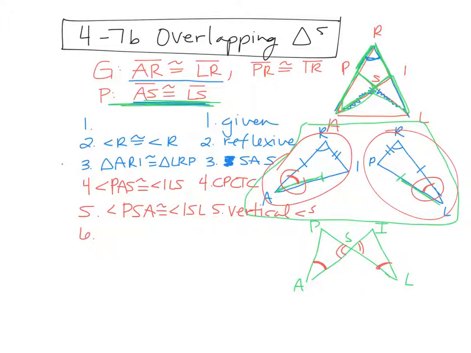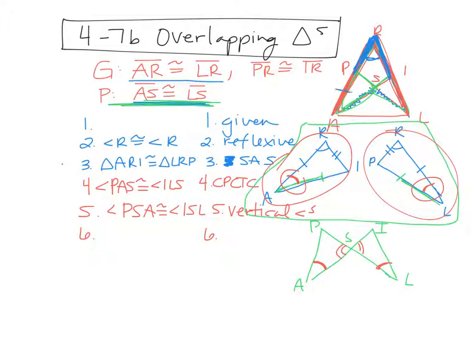And then this last one's a little tough. If you think about what they told us at the beginning, they told us this segment at the very top, this red segment congruent to this red segment. That means at the bottom. But they also told us that this piece of it is congruent to this piece of it, which means the other piece.